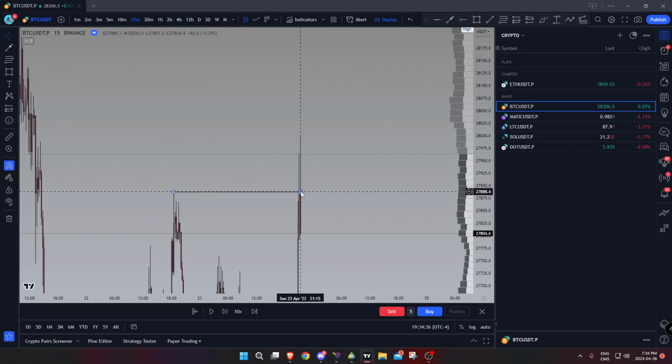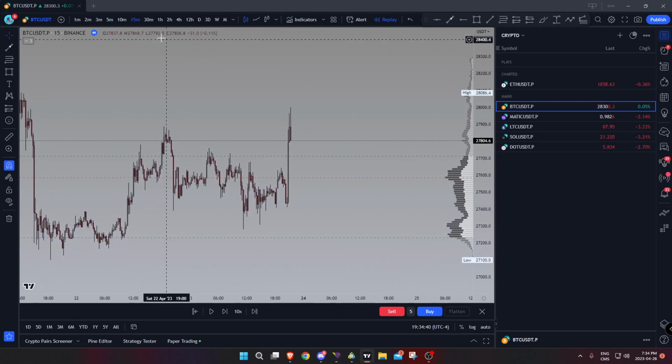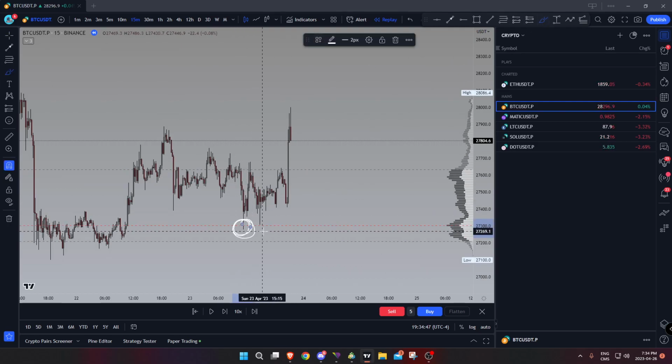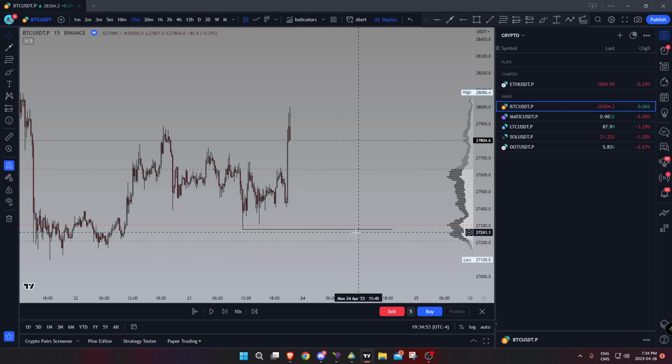We didn't have any close above, so this wouldn't be a break of structure. What I'm looking for right now is a break of structure of the last low, which is this one here. Let's just place a line: this is the low I want to have a close under, because if I don't have any close, I just wick. It's not a break of the market. It's pretty much a liquidity grab like we have here.